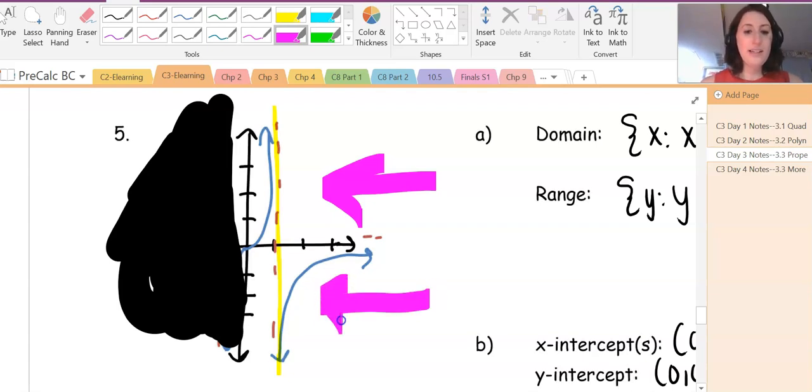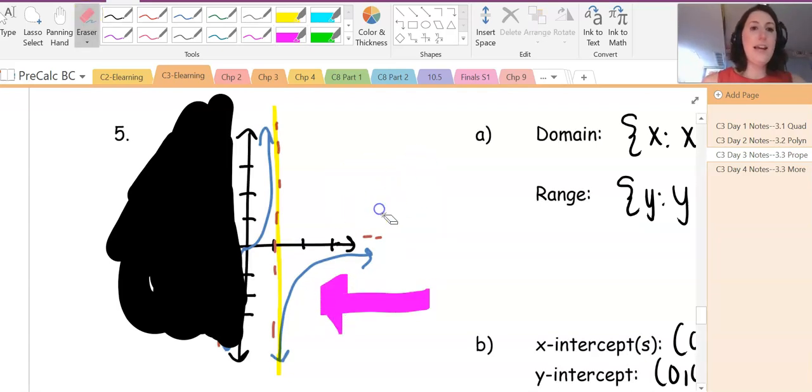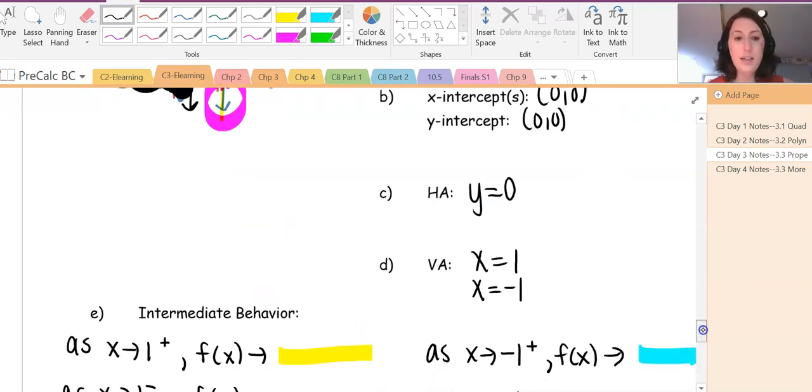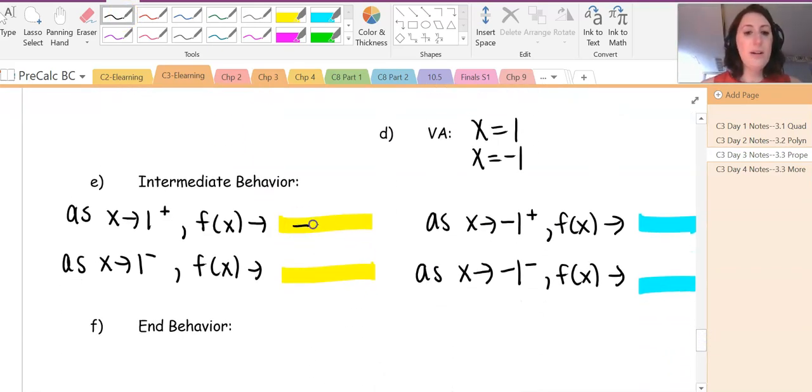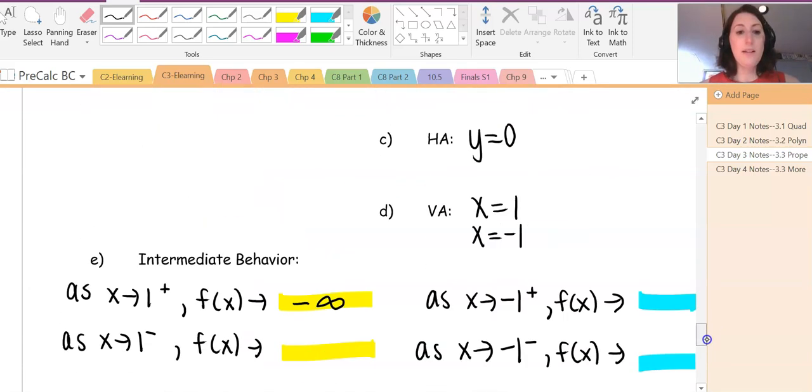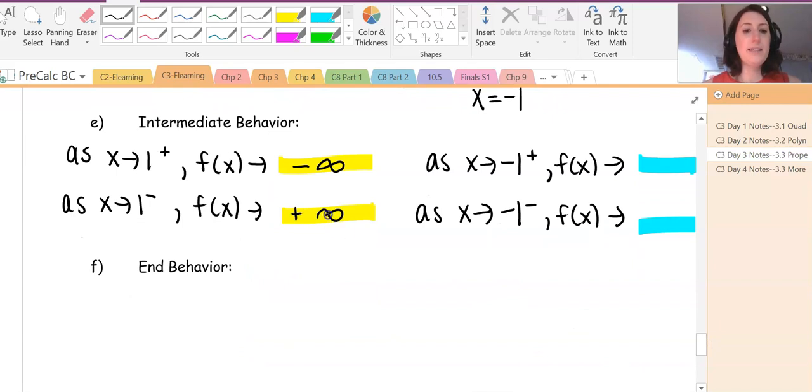So to the right is down here because here's the graph. And what is it doing? It's going down. And as we approach from the left, here's the graph. What's it doing? It's going up. So as we approached from the right, we were going down, so that's -infinity. And as we're approaching from the left, we were going up, that's +infinity.